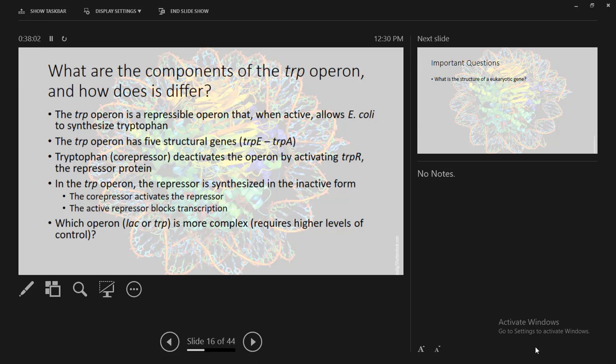And the question is why? Why is there a higher level of control? There are two decent answers to that question. Not great because we're still trying to figure this out. One is you don't want to metabolize something when there's something easier to metabolize. It's wasteful.